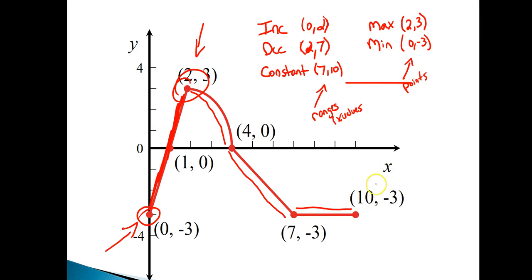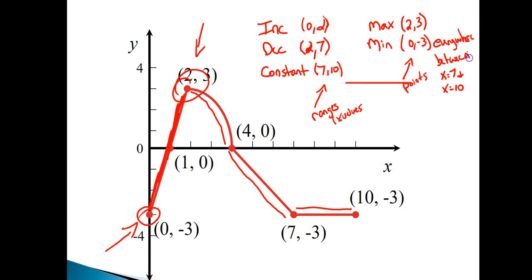And we could also say that there were minimums everywhere between x equals 7 and x equals 10.